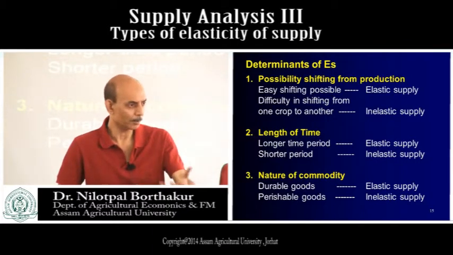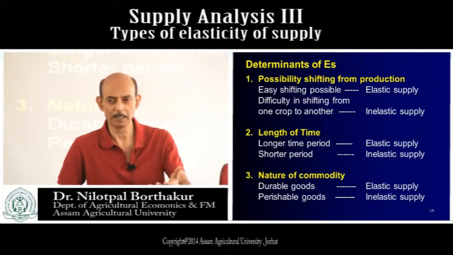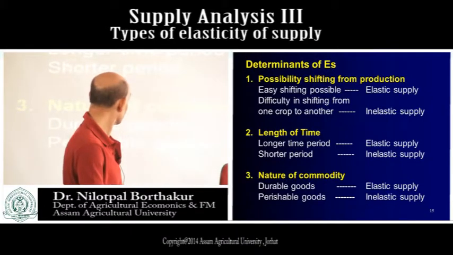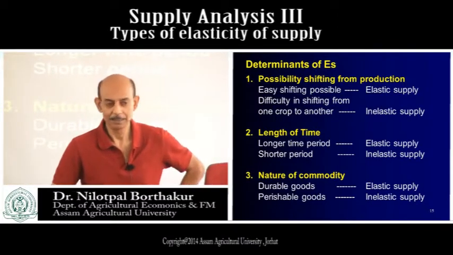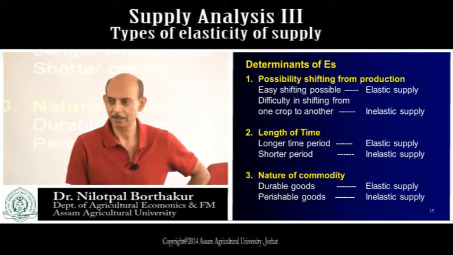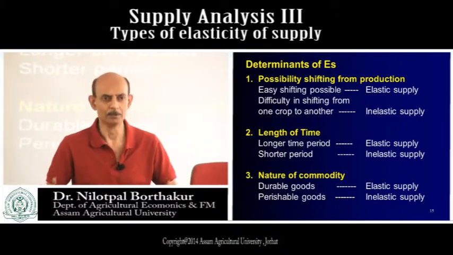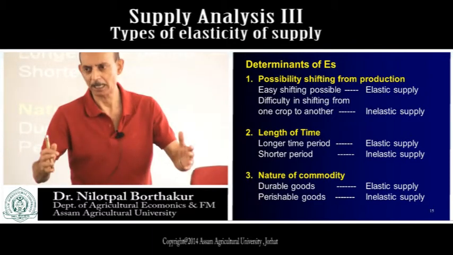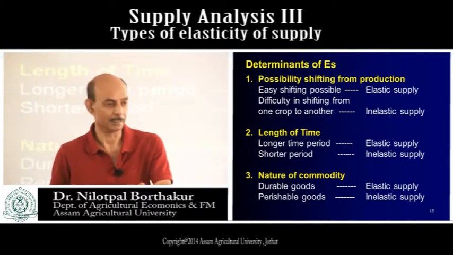But if in a short period of time the supply is to be increased, and the length of the time period is very short, ultimately supply cannot be increased. If the demand for a particular agricultural product goes up, the farmers need certain time to increase the production of that commodity. So supply cannot be adjusted immediately.